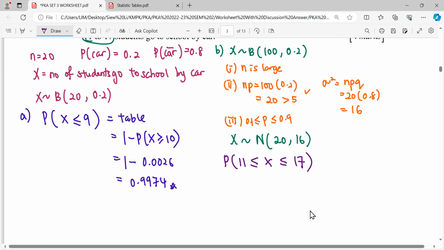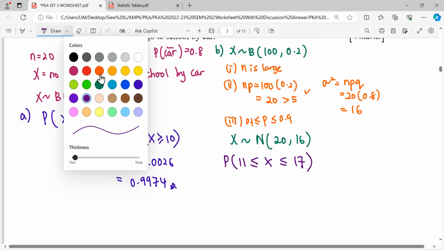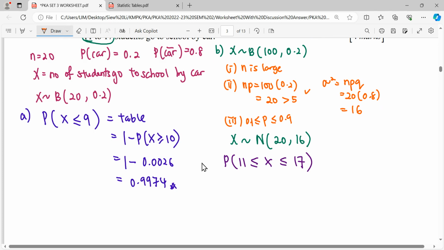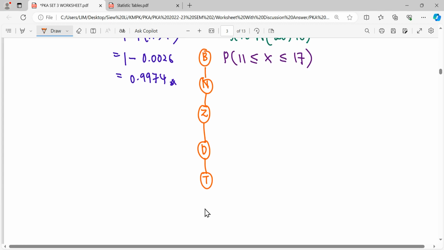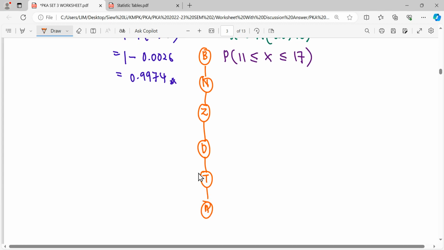So based on this situation, we notice that this X originally comes from the binomial, but the distribution is too large and no longer suitable for binomial, so we change to normal. So we have to solve it the normal way, which is using the z-score, drawing out the region and finding it from the normal table to get the final answer.